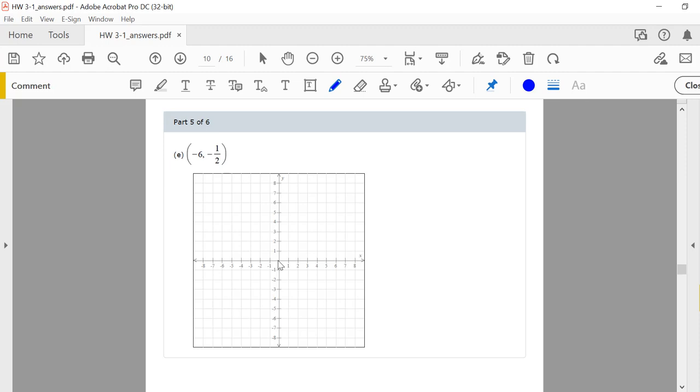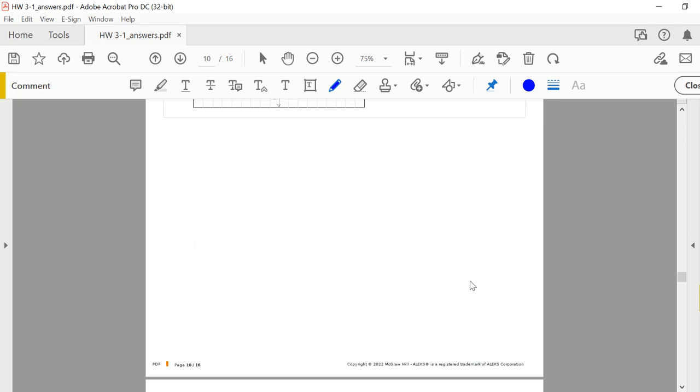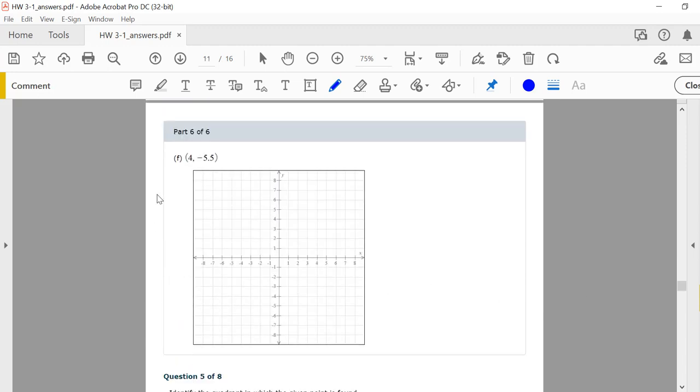Then in the y direction, I'm going to go -1/2. So I'm going to be right there. 4, -5.5. So if I start at the origin, I need to go in the x direction 4, and then in the y direction -5.5. So 5.5.